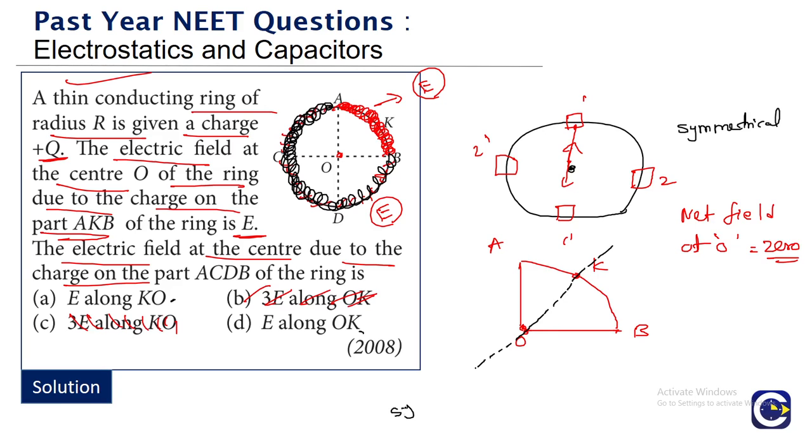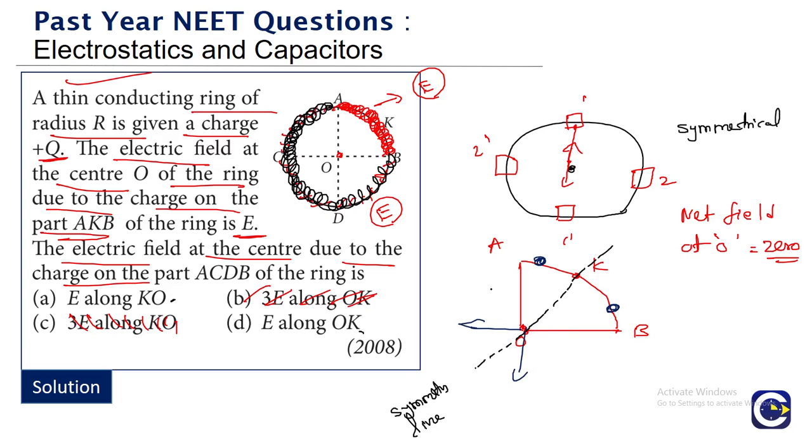This will be the symmetry line. Now take a small charge element on this side and a symmetrical charge element on this side. So the field because of this element will be in this direction, and the field because of this element will be in this direction.